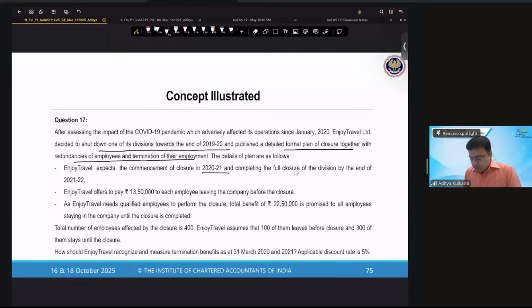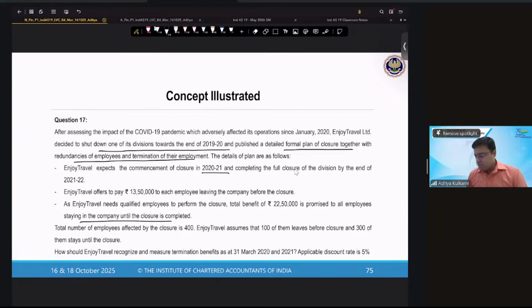Enjoy Travel offers to pay 13,50,000 to each employee leaving the company before the closure. As Enjoy Travel needs qualified employees to perform the closure, total benefit of 22,50,000 promised to all employees staying in the company till the closure is completed. Total number of employees affected by the closure is 400.